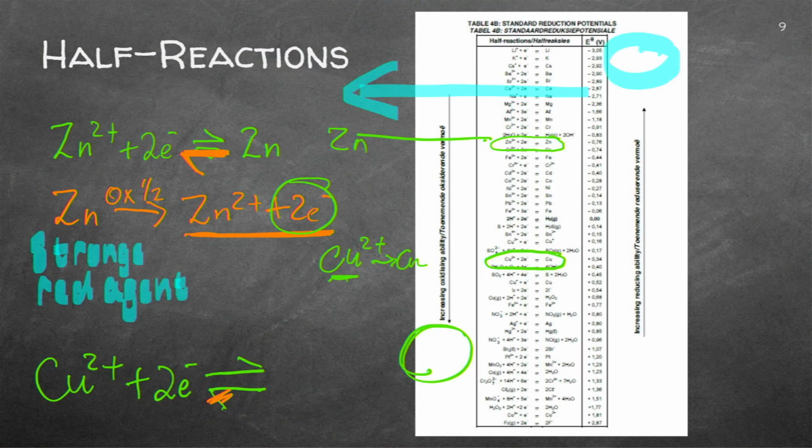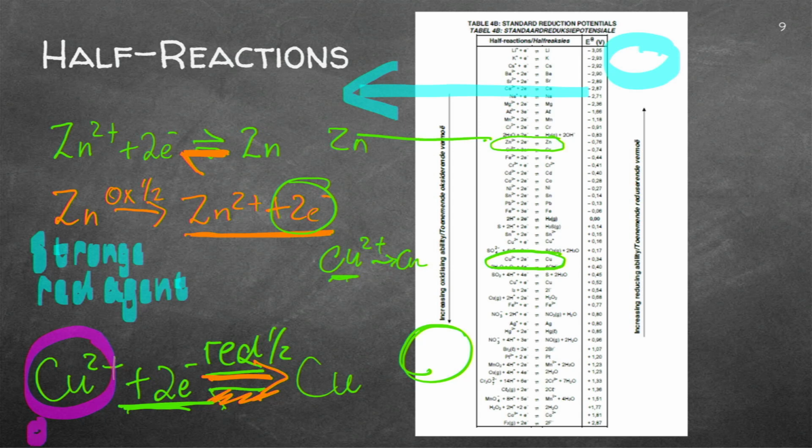So you will disregard that and say it's going that way, and it will form copper solid. So what do we have? We've got the gaining of electrons. This is thus the reduction half reaction. And make sure that you understand that the copper 2 plus is now the oxidizing agent.